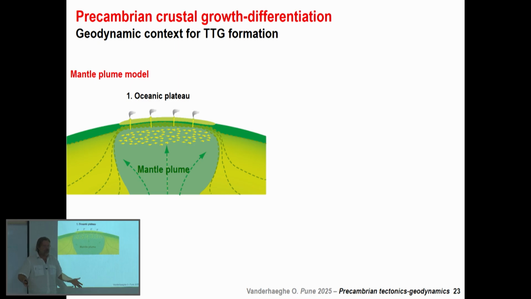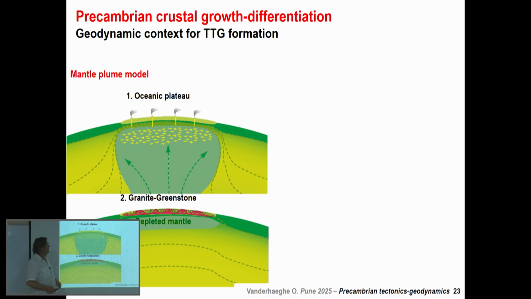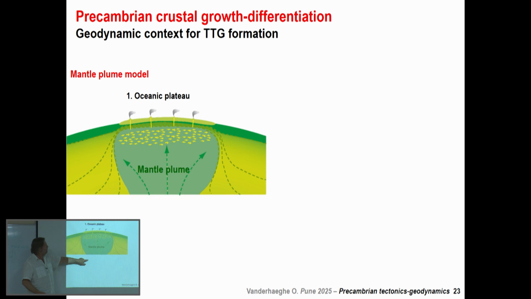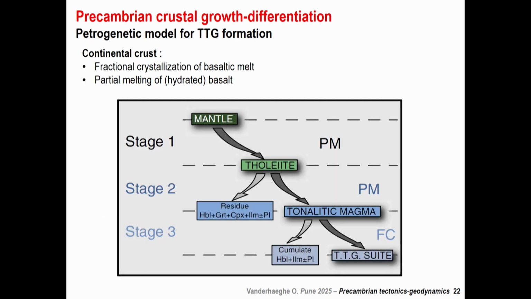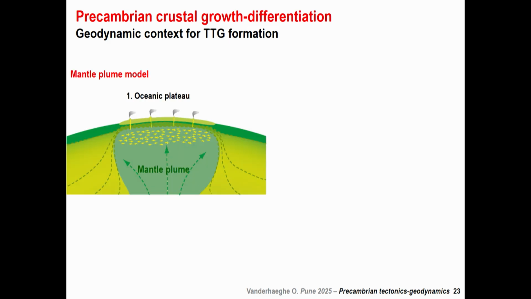We are sitting here on the Deccan Trap, and it's a typical example of that. At some point, this thick mafic crust might get thick enough to reach the temperature of melting, and it will lead to melting of this tholeiite, and that will lead to formation of tonalite.